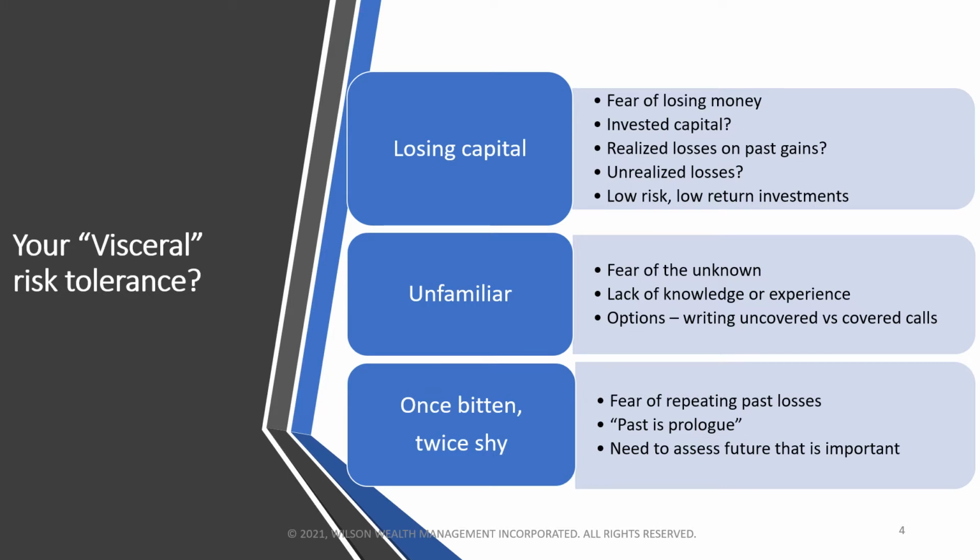The third item I have on the sheet is the once bitten, twice shy fear factor. And that's the fear of repeating past losses. To these investors, the past is prologue.